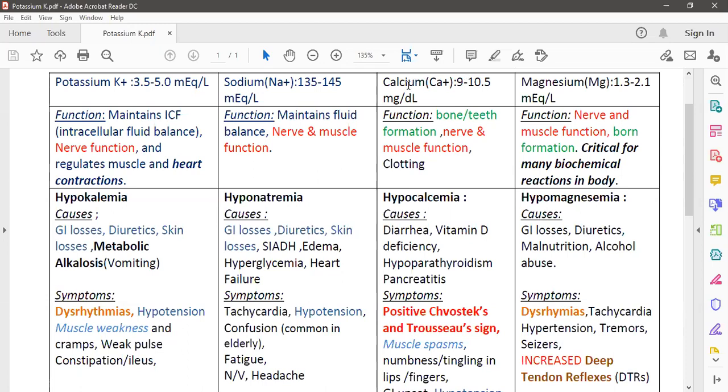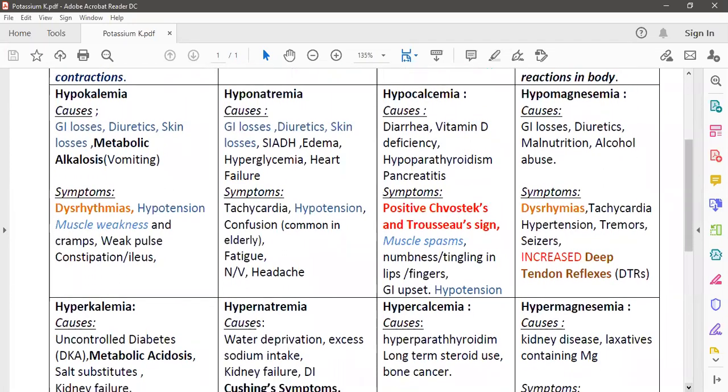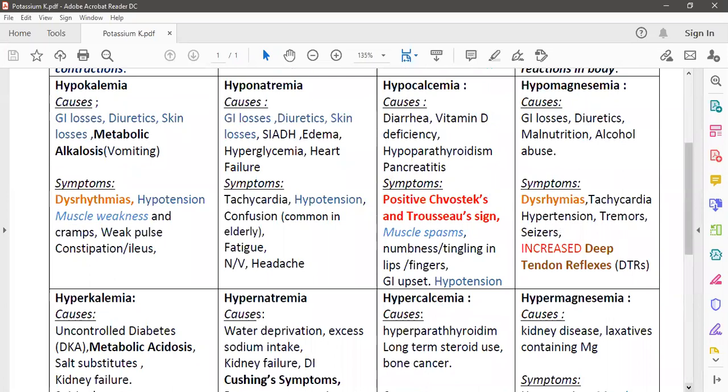So calcium is 9 to 10.5, but some books write 8.5 to 10.5. If calcium is less than 8.5, we say hypocalcemia. If calcium is more than 10.5, hypercalcemia.